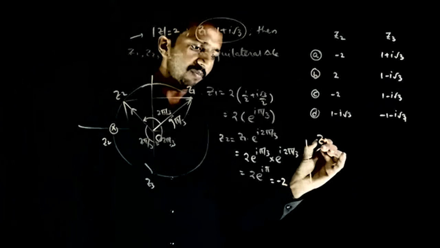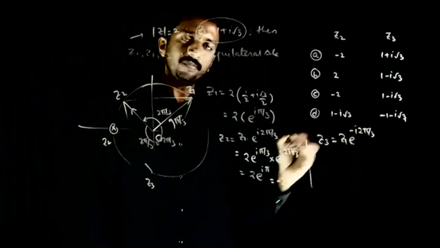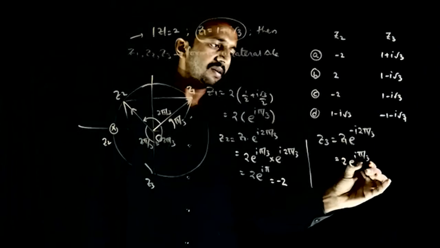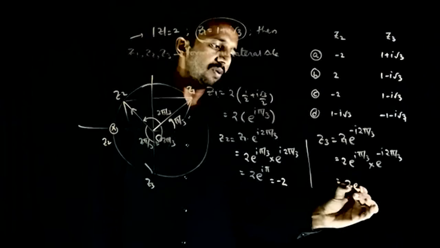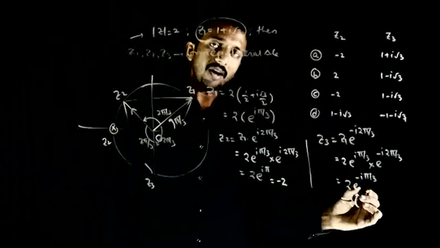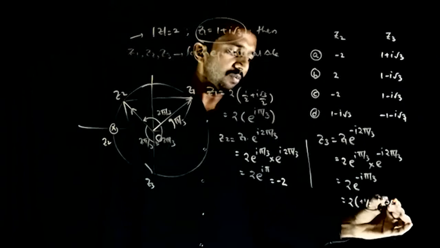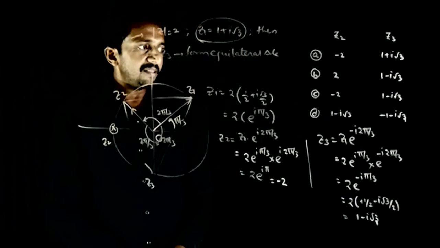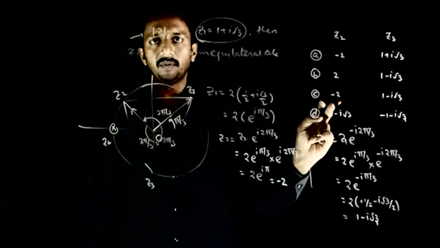So Z3 can be written as Z1 into e power minus I 2 pi by 3, that is equal to 2 e power I pi by 3 into e power minus I 2 pi by 3, that is equal to 2 into e power minus I pi by 3, that is equal to 2 times cos minus 60 — 1 by 2 minus I root 3 by 2, that is equal to 1 minus I root 3. So Z3 will be 1 minus I root 3 and Z2 will be equal to minus 2.